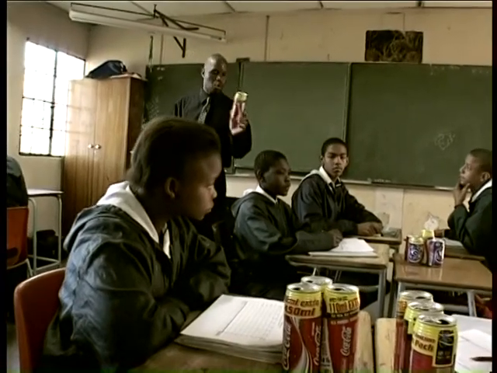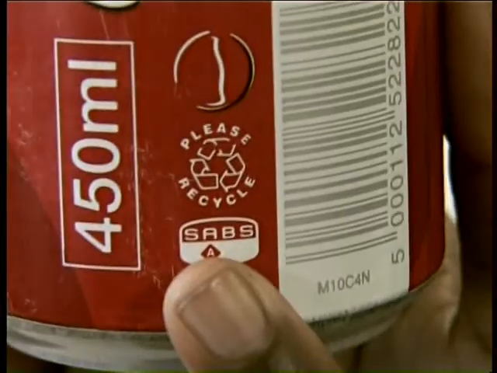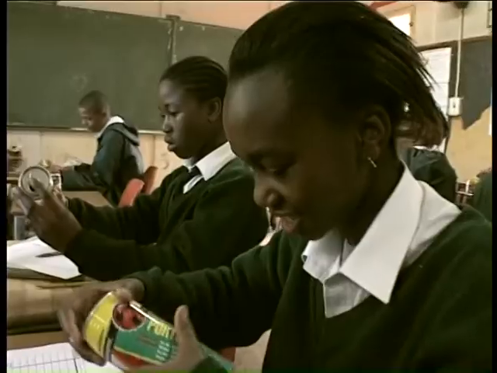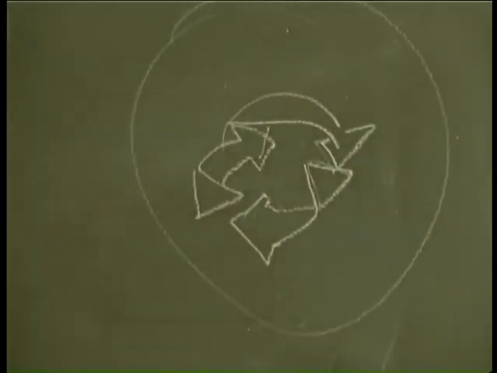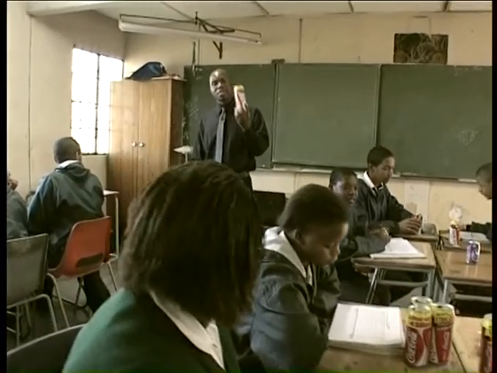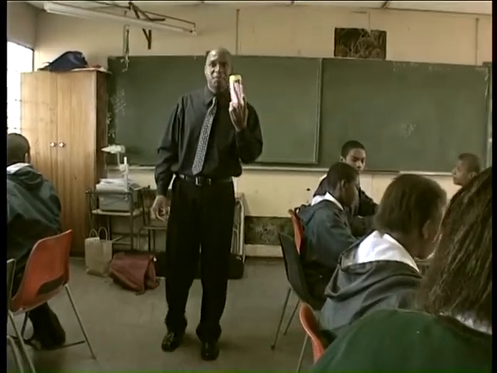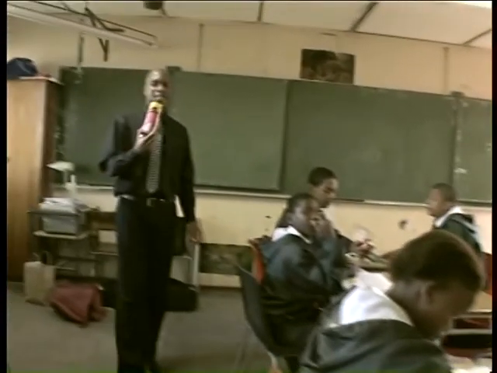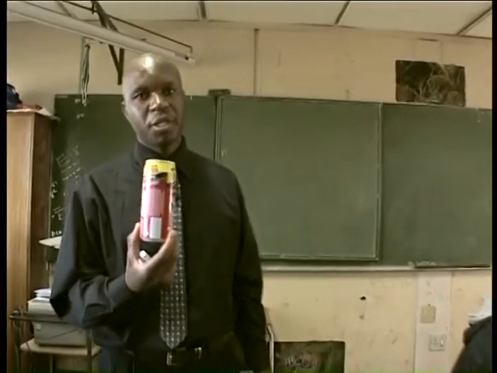I'd like you to have a closer look at this symbol, which tells us about recycling. It shows recycling. If we recycle a can of this nature, it will save us 95% of energy. If we recycle this can, we also prevent a lot of air pollution in our environment.